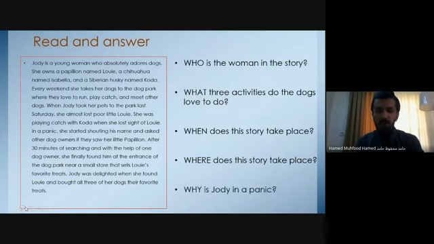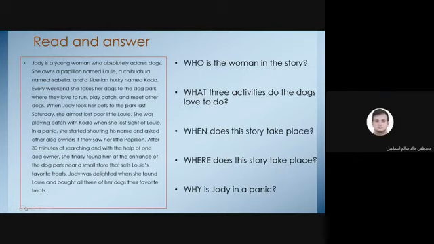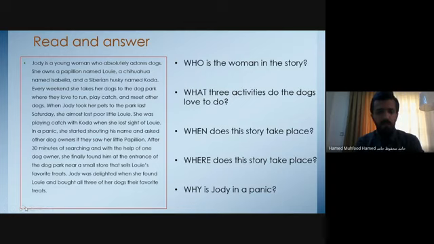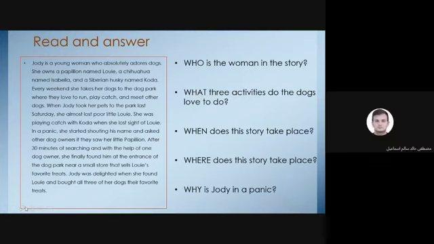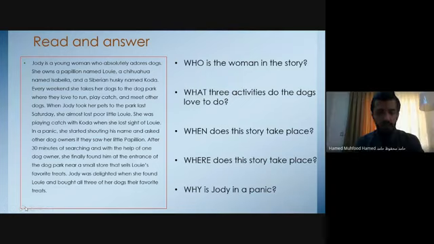The last one. Why is Judy in a panic? Mustafa? Because she lose their Papillion dog, Louis. Yes. Why is Judy in a panic? If we answer the question with a sentence in the present simple tense, we say, because she loses her dog.